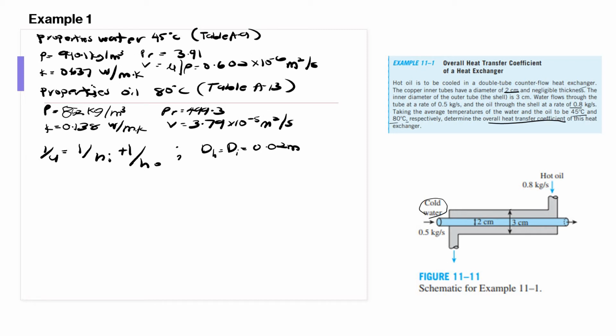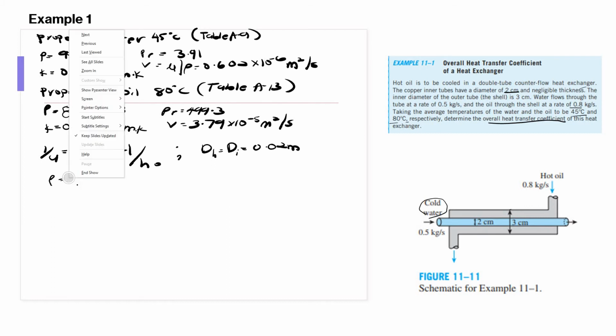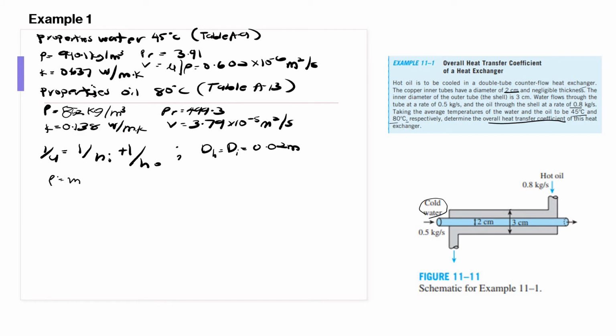Then we need to calculate the Reynolds number. Inside the Reynolds number, you need information on the velocity, right? So you need to calculate the velocity first. How can we calculate velocity? We can use the equation for mass flow rate, m equal to rho times V, which is density and volumetric flow rate.